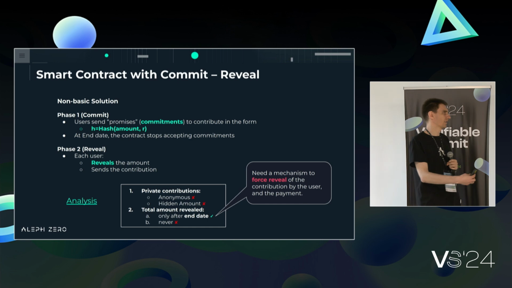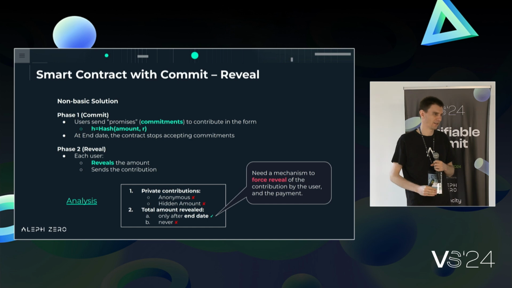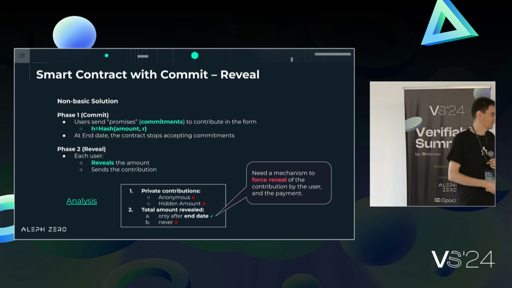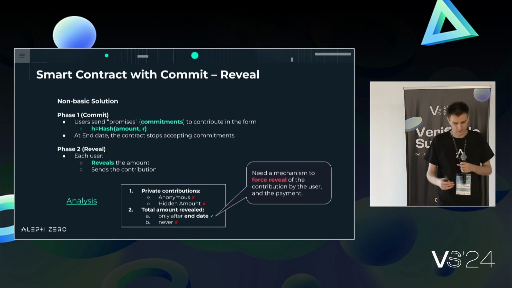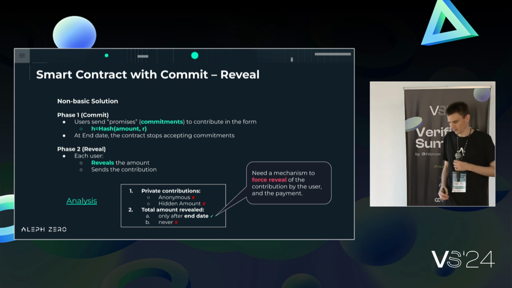Because until the second phase, we don't learn anything. And once the second phase starts, we cannot accept any more contributions. So it's kind of locked. So this is great. We will learn the total amount only after we stopped accepting contributions. So this is kind of what we wanted.